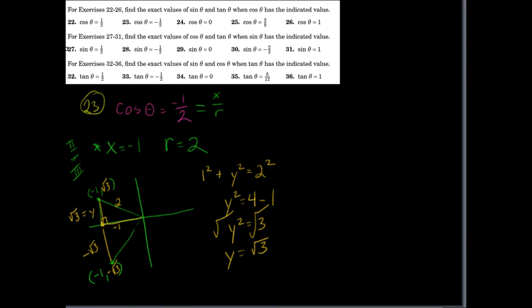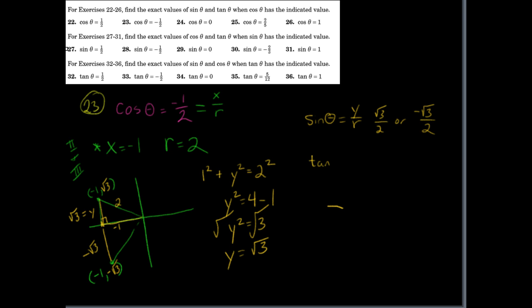So the two options are, we have to find sine of theta, which in this case is y over r. Well, we can say that y over r would be the square root 3 over 2, or it could be negative root 3 over 2. All right?